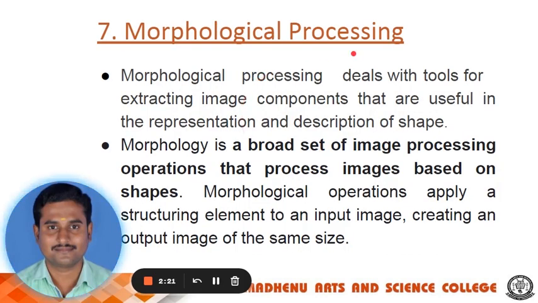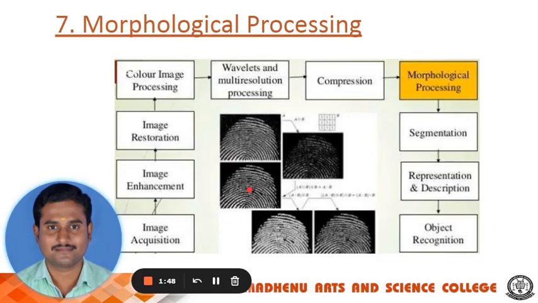So next, morphological processing. Morphological processing deals with tools for extracting image components that are useful in the representation and description of shape. Here various shapes of an image are extracted for the purpose of representation and description. Morphology is a broad set of image processing operations that process images based on these shapes. Morphological operations apply a structuring element to an input image, creating an output image of the same size.